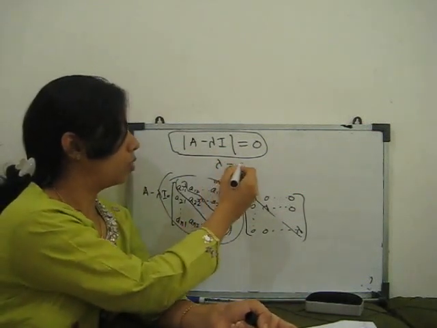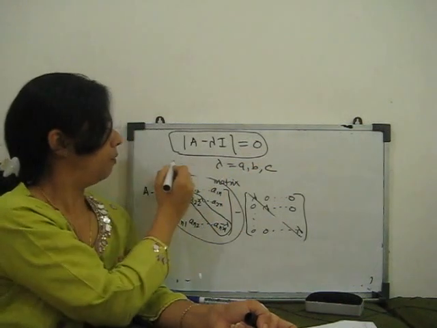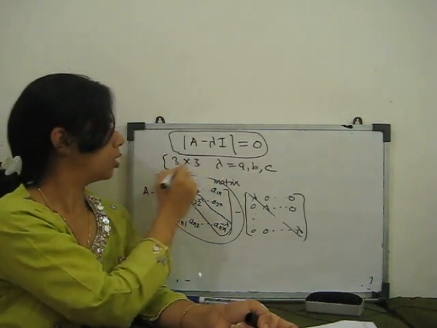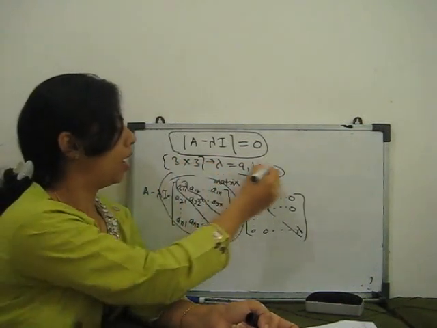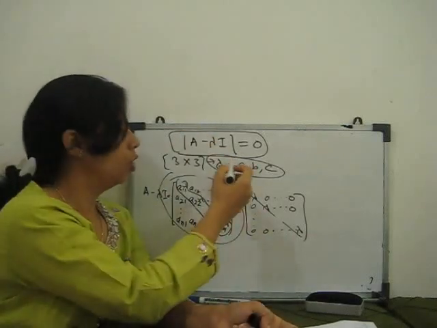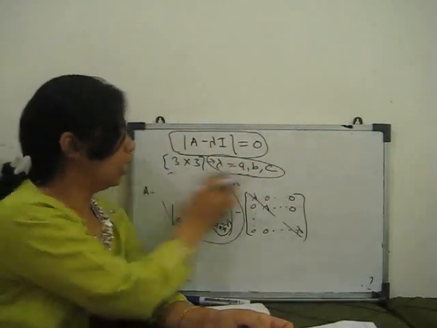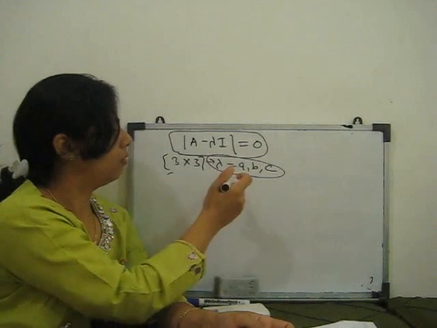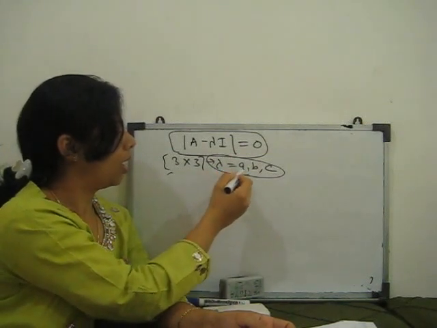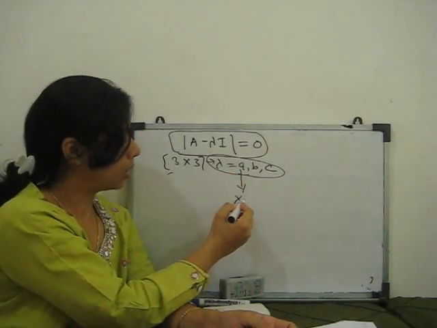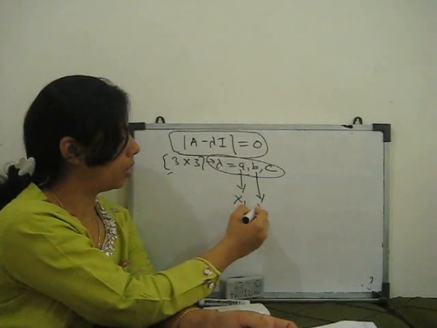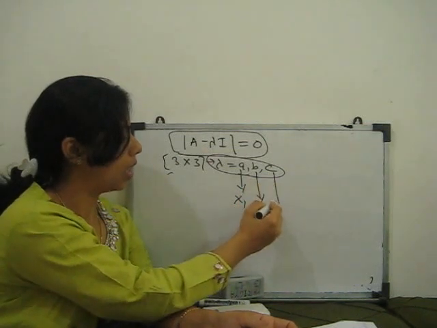If lambda equals A, B, C, if we have a 3 cross 3 square matrix and lambda has 3 distinct values, then for each value we find one vector. For lambda equal to A, our vector is x1. For lambda equal to B, our vector is x2.